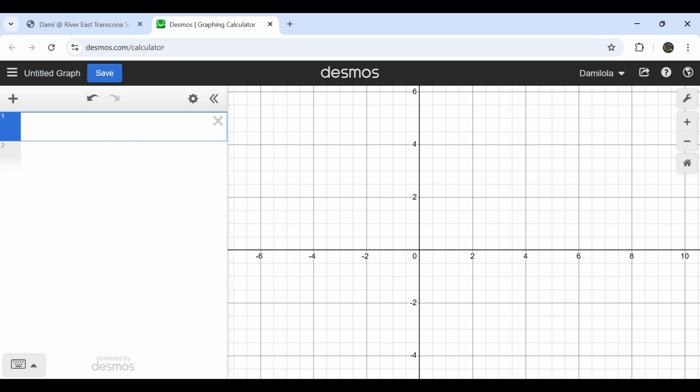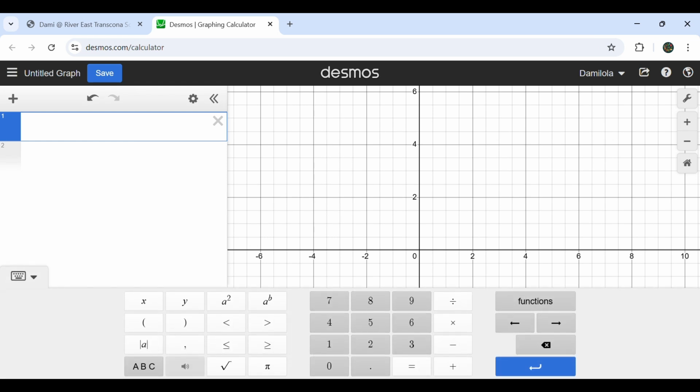Let's try one more example. We've done absolute value. We've done quadratic. We have not done reciprocal. Okay, let's try one more example with a reciprocal graph.